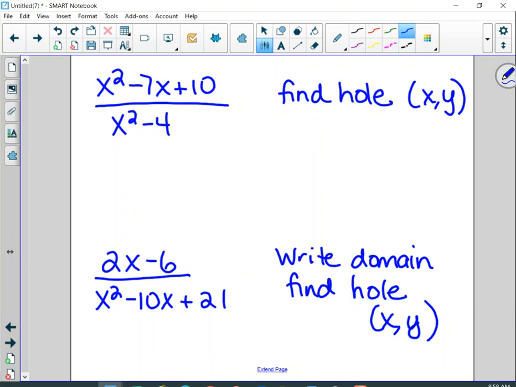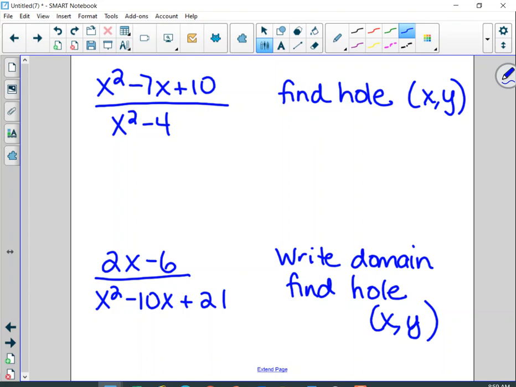Okay, so you see the matching guy. The x from the matching guy is the x of the hole. Okay? That's where we make our new function.